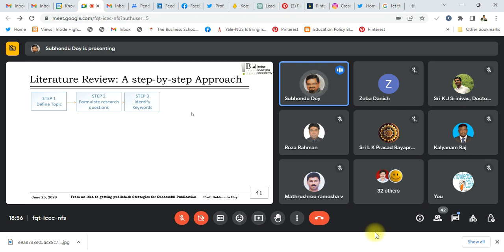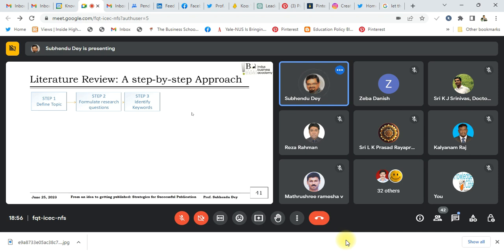Librarians are very good at searching for the right kind of papers from the databases that you have in your respective colleges. We seldom use the power of a librarian. So my recommendation to all of you would be to talk to your librarian. If you can get him on board with you, you will find that he's adding a lot of value to your research.